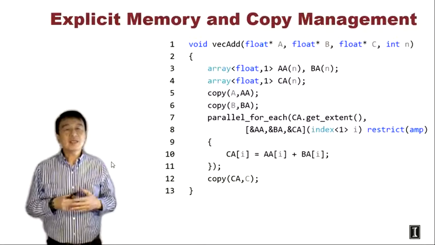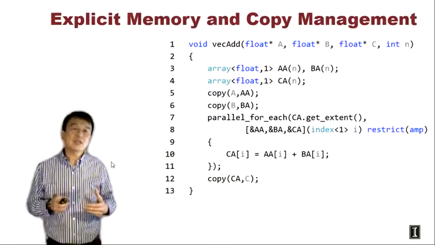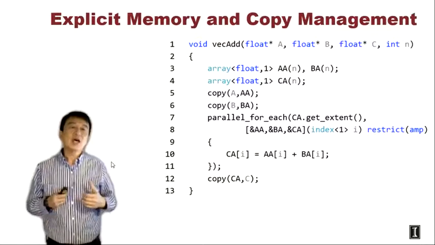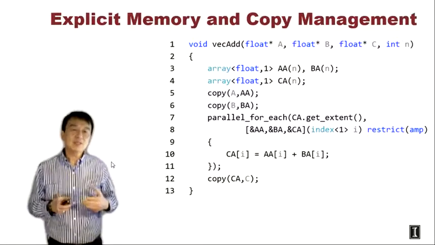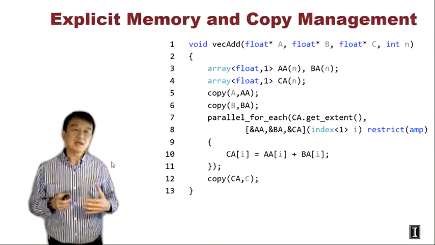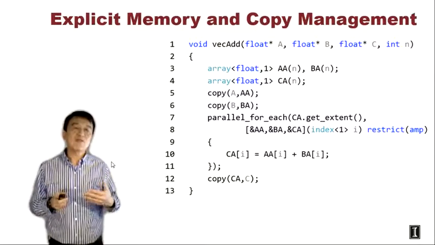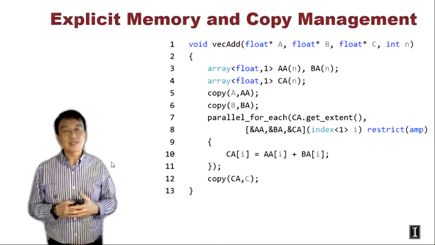In that case, instead of generating the device memory allocation and copy, the compiler can simply generate a remap kind of instruction to allow the CPU and GPU to communicate even more efficiently in those devices.